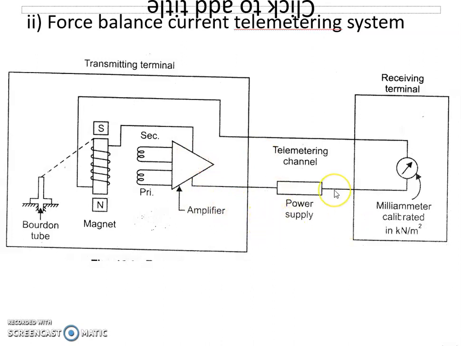So in this way, the input pressure is being transmitted at the output side, that is at the receiving terminal side. So this current telemetering system increases the accuracy as small variations are required, which result in better linearity.